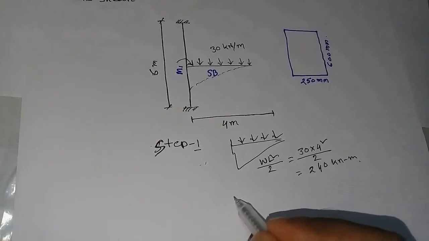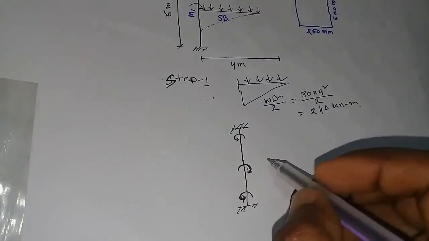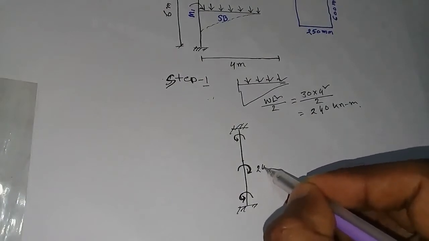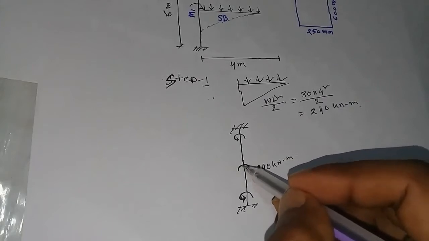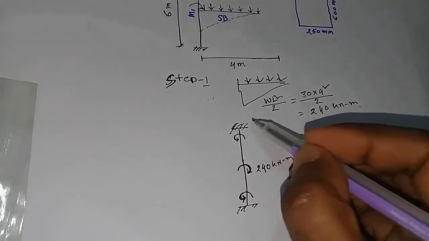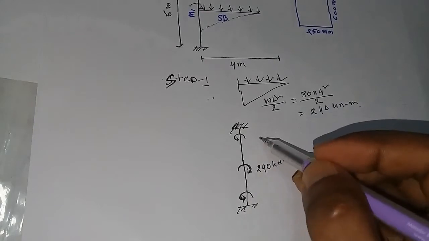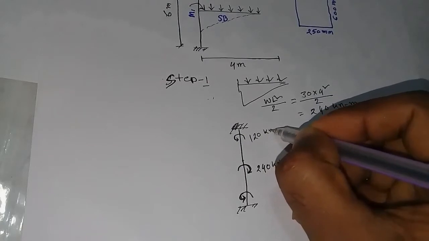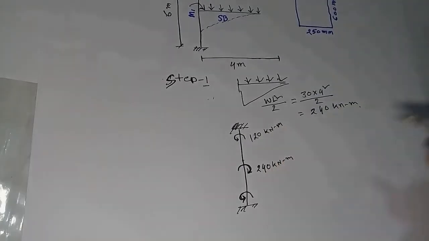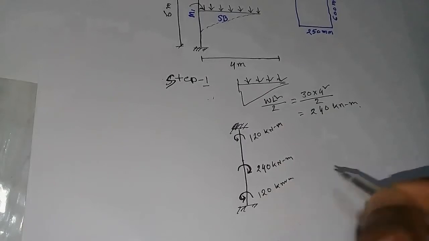Here the 240 kilonewton meter torsion is resisted by 2 supports. So that is half, 120 kilonewton meter, and here also 120 kilonewton meter.